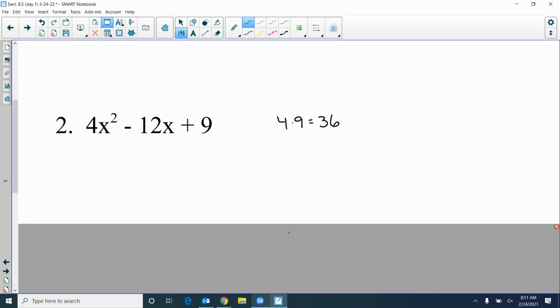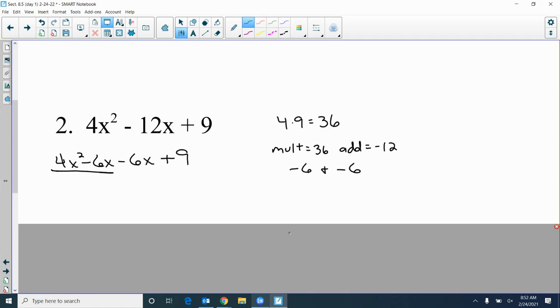And we want to find two numbers that multiply to equal 36 and add to get -12. And he said -6 and -6. So he's right. So we got 4x squared minus 6x minus 6x plus 9.